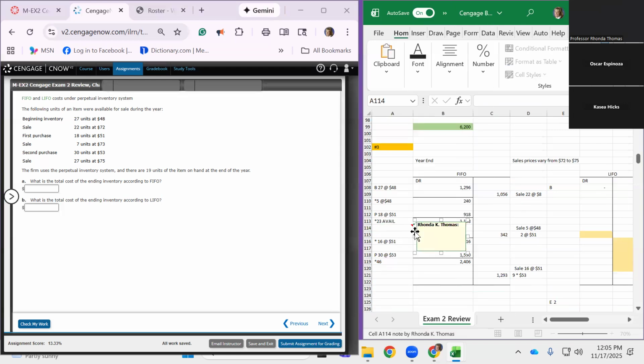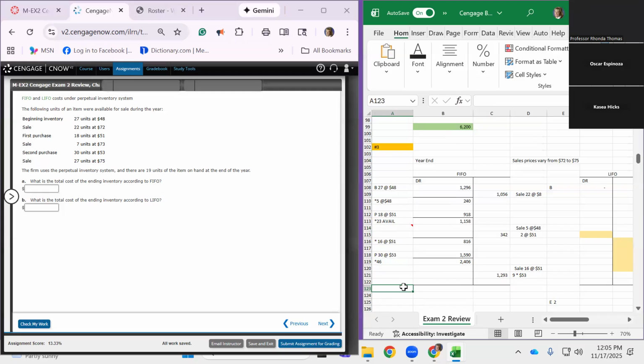So 23, they sold 7, then we had 16, and then we added 30, then we had 46 items. I'm just thinking of how many we have left, and then we're selling 6. So I believe we have 30 items left. 30 items left, and they are in the cost. Okay, 30.